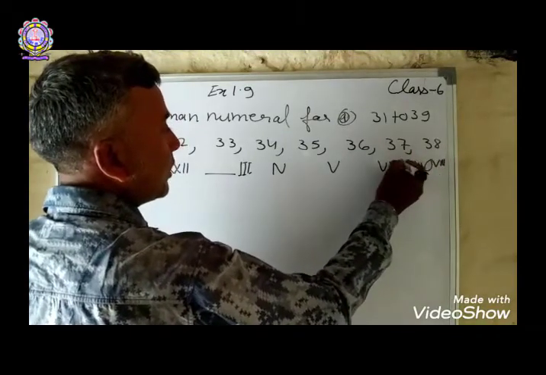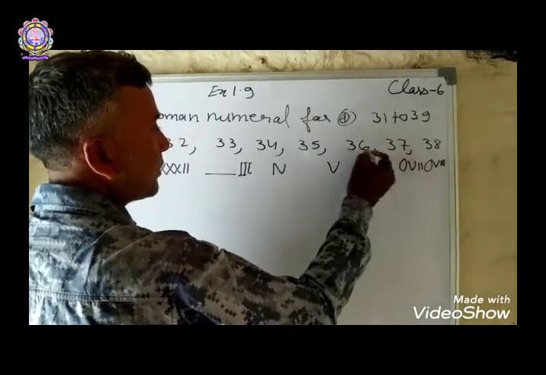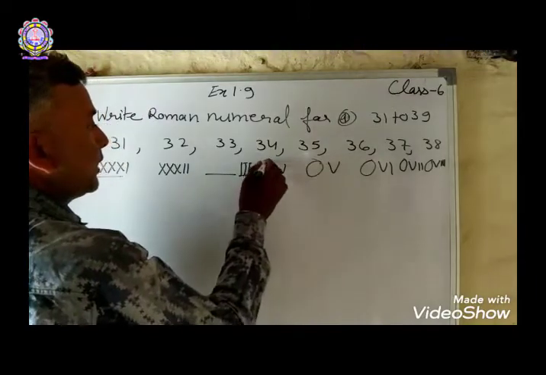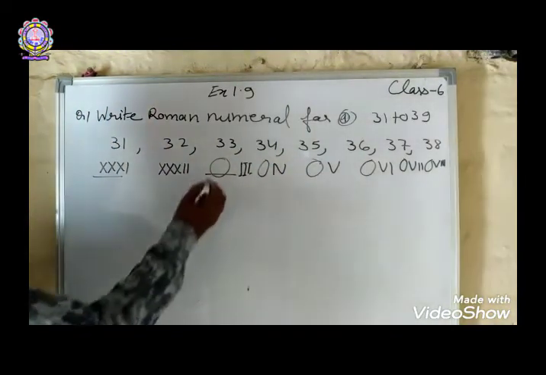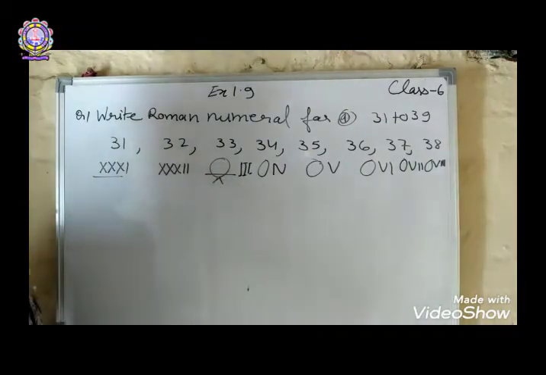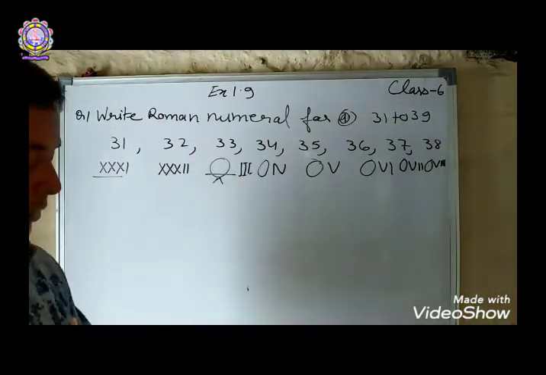And in place of these, you write the 30 here. What do we write here? 30. So I hope you can solve this question.